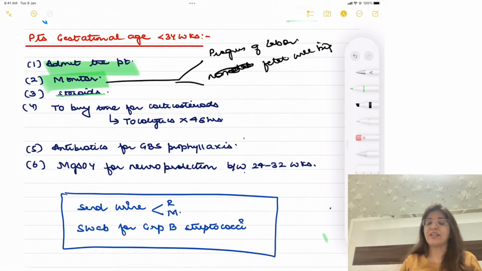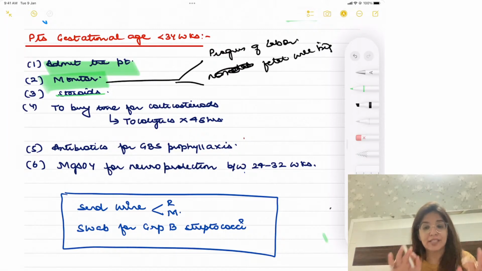So in this category of patient, I want full effect of corticosteroid, and full effect of corticosteroid will be seen between 2 to 7 days. That means at least 2 days. So I want that delivery should not happen at least till 2 days after giving the first dose, because maximum efficacy of corticosteroid is seen between 2 to 7 days.